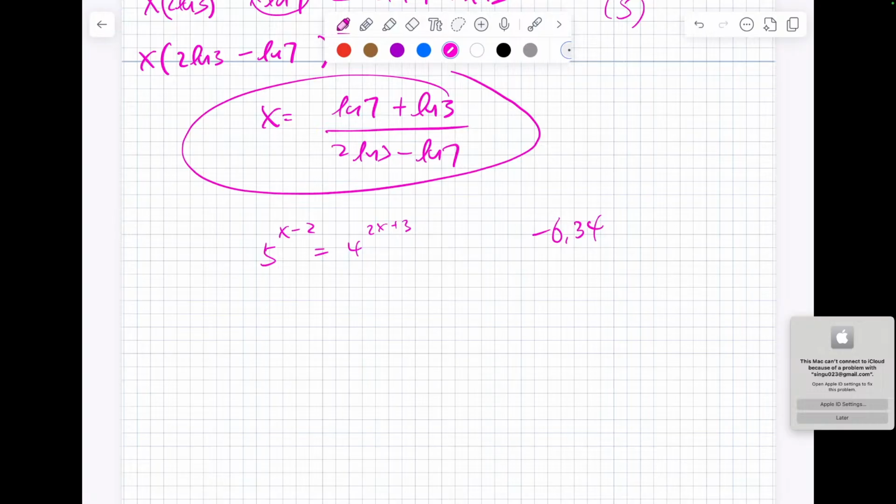For example, let's say I have a 3 times natural log of 5. This times this is not going to be natural log 15.